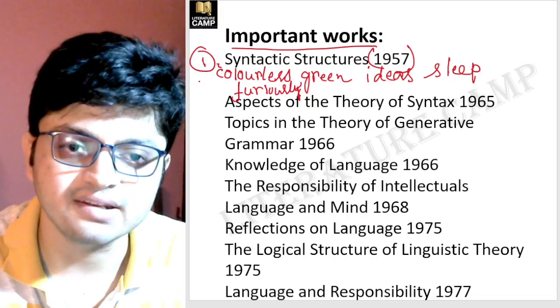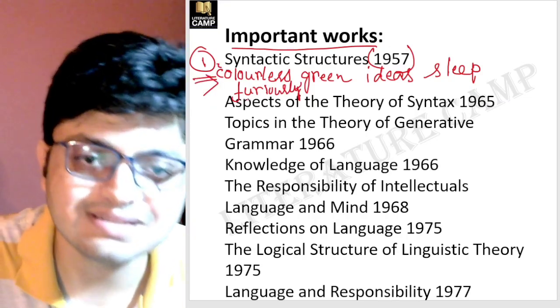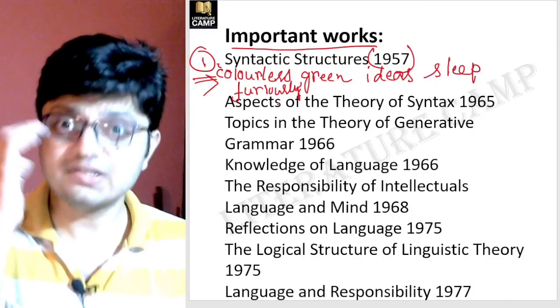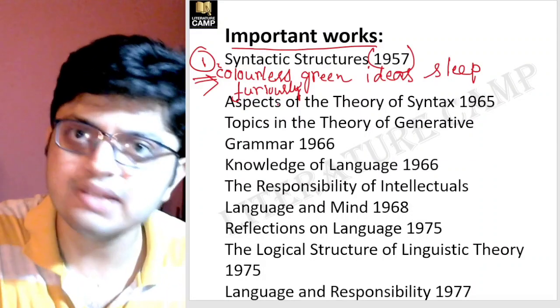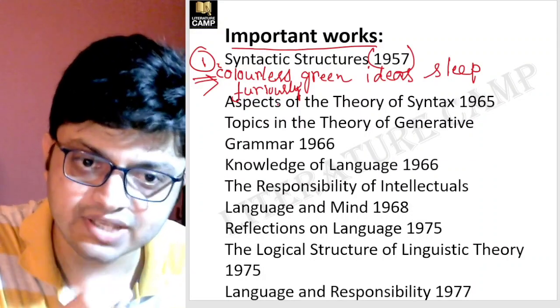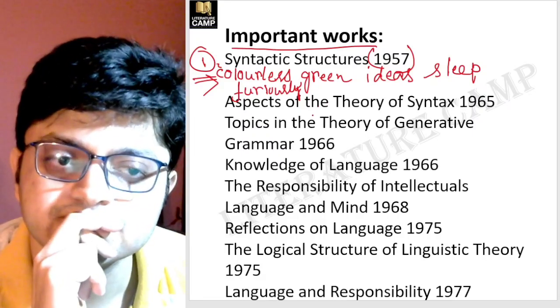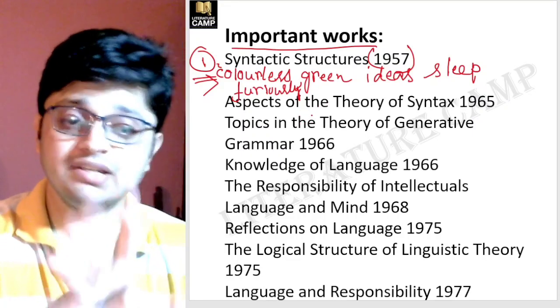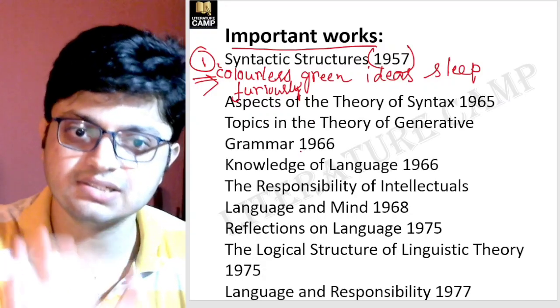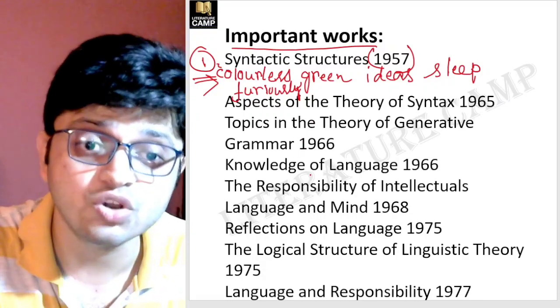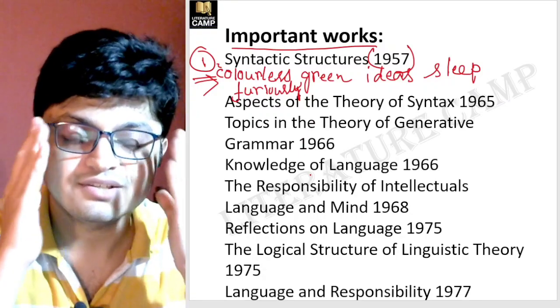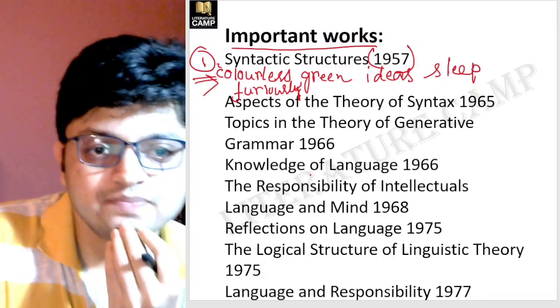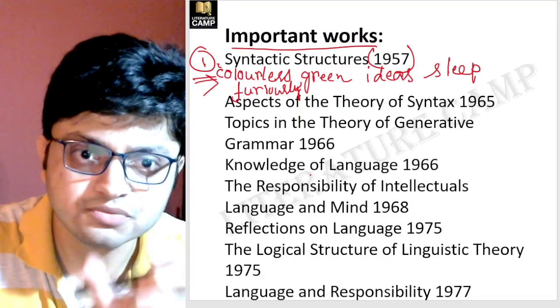This is a famous line from this work, Syntactic Structures. What does it mean then? It does not mean anything. If you check this line, it is grammatically correct, not incorrect. It is a grammatically structured, grammatically correct sentence. It does not have any meaning. So that is his point, that is Noam Chomsky's point.